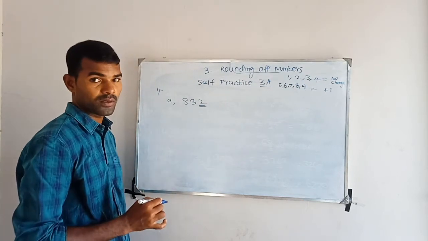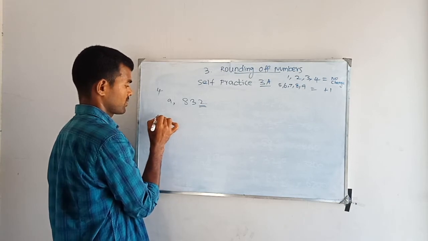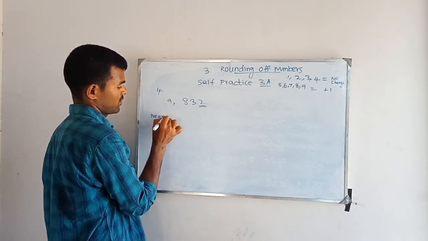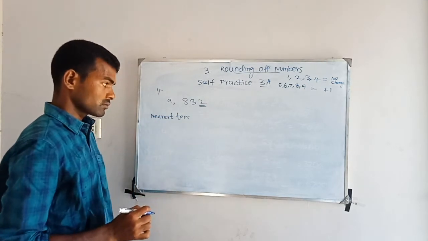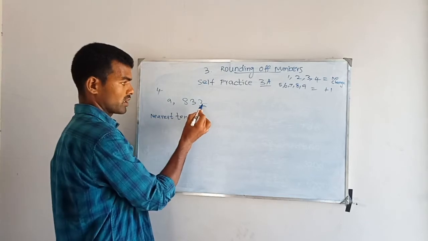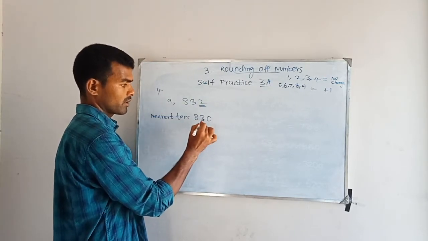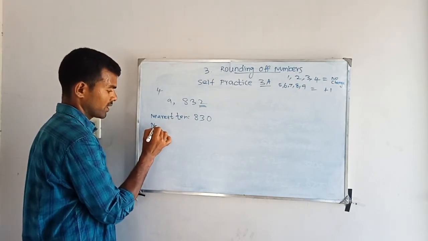If 2 coming, what we will do? Answer is ones place 0, yes, no? And the remaining digit, same number. This is the answer.